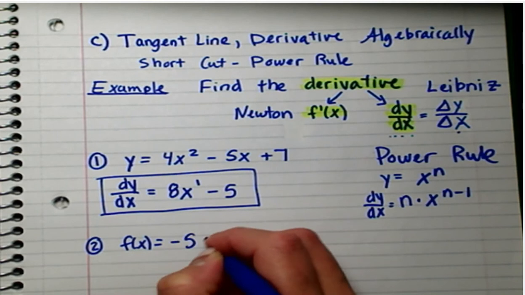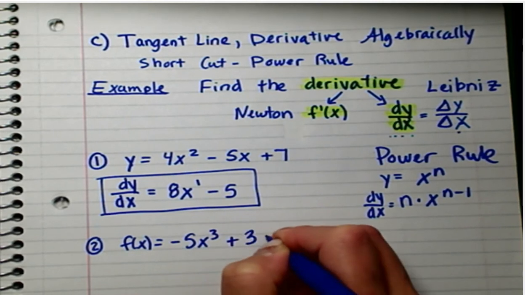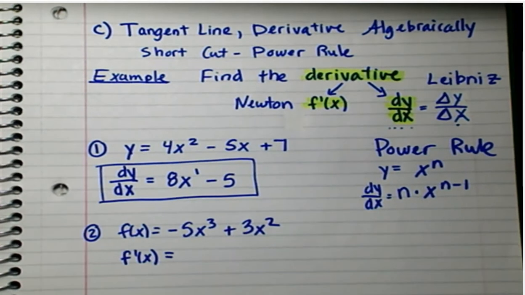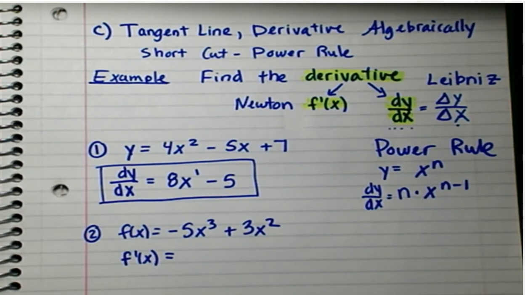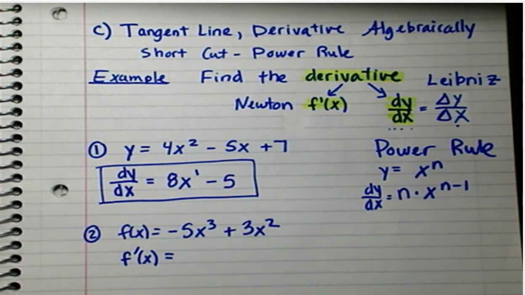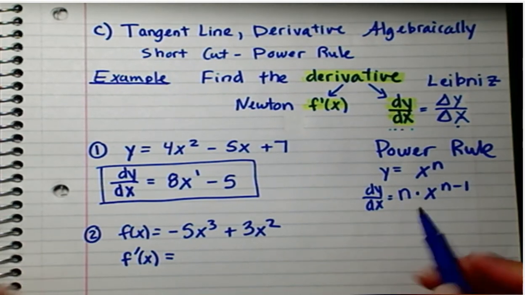Negative 5x cubed plus 3x squared. f prime of x. Okay, so my rule tells me to take the exponent and multiply it in front.